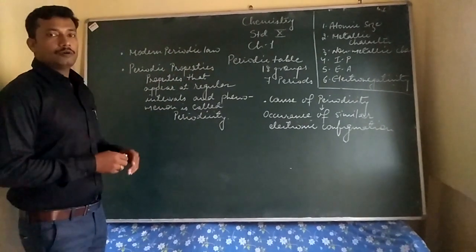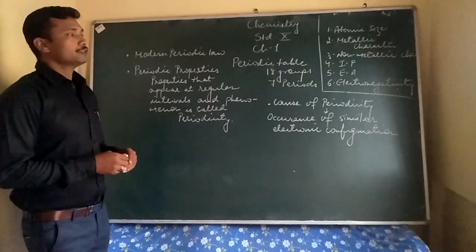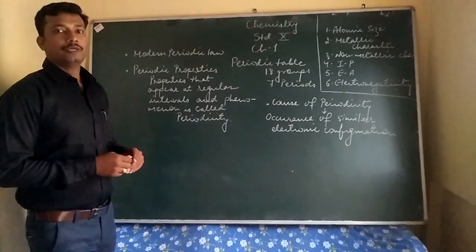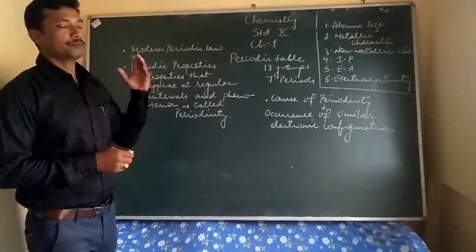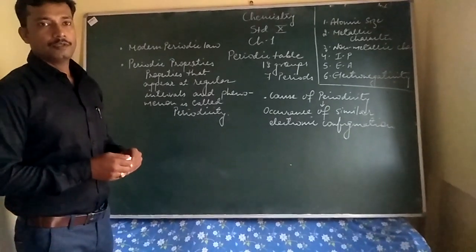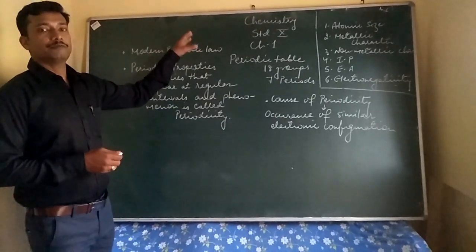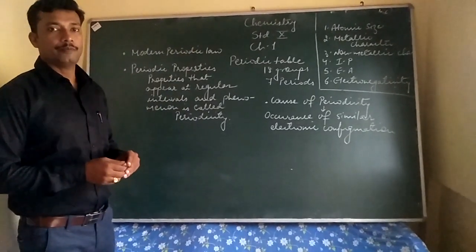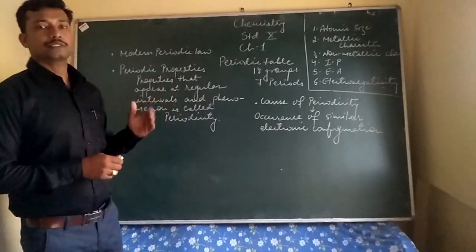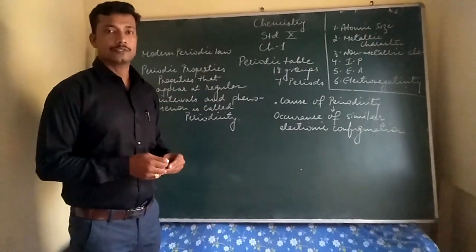Modern periodic law. This law was given by Henry Moseley, which formed the modern periodic table. This law states that the physical and chemical properties of elements are the periodic functions of atomic numbers.